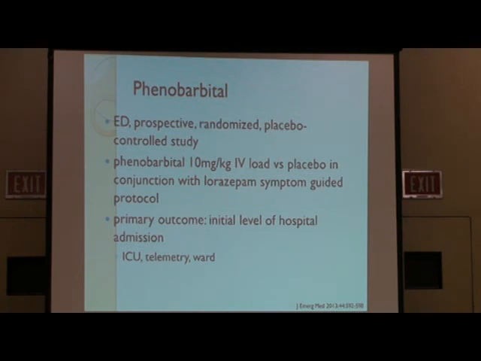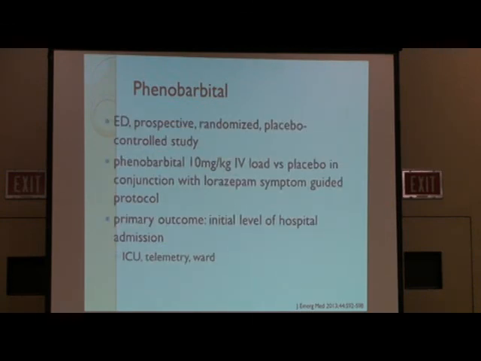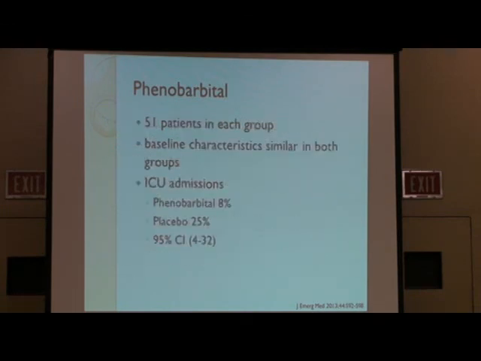I want to talk just briefly about a prospective study that was done in an emergency department, looking at phenobarb loading versus placebo. Again, this is getting at the decision point. The primary outcome was where the patient ended up. Did they end up on the ward, in the ICU, in telemetry? There were 51 patients per group.